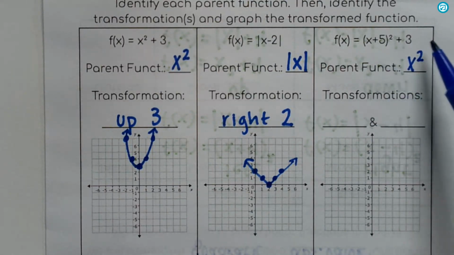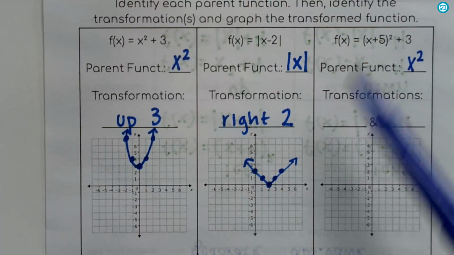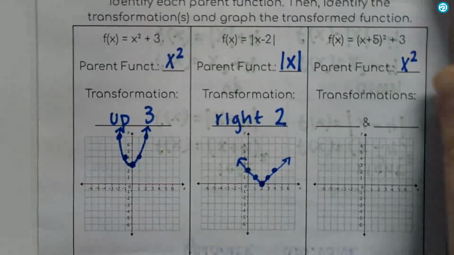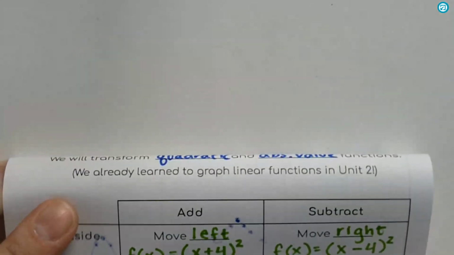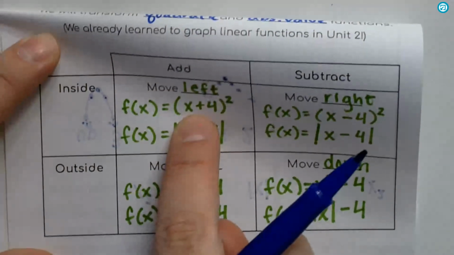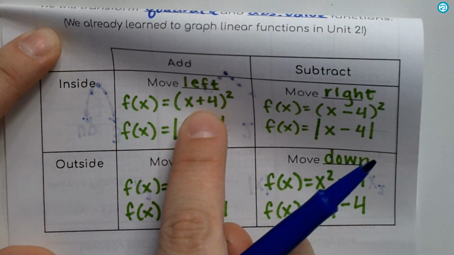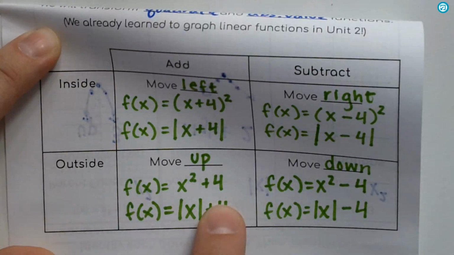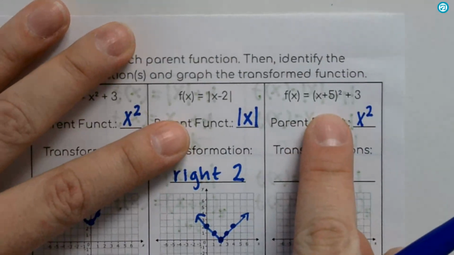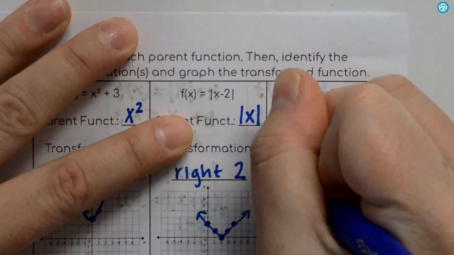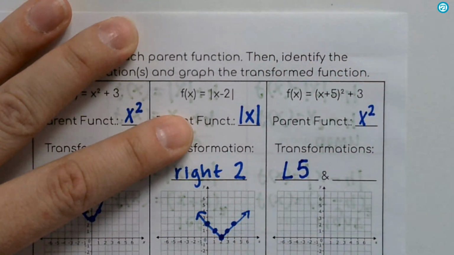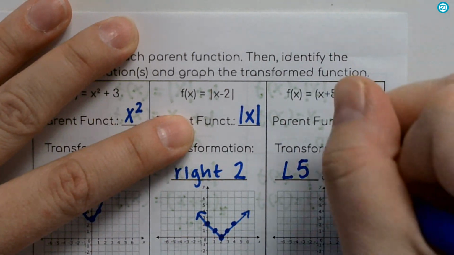So that's two separate transformations that we're going to deal with in the same problem. So adding inside is going to move me left. And then adding outside is going to move me up. So I am going to be moving left 5. I'm just going to write L5. And I am going to be moving up 3.